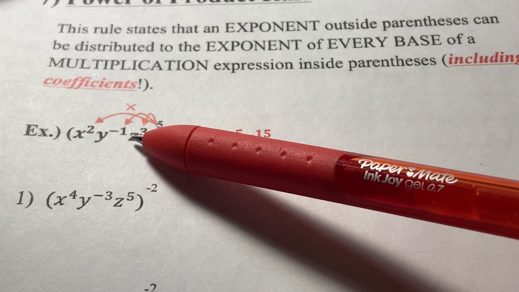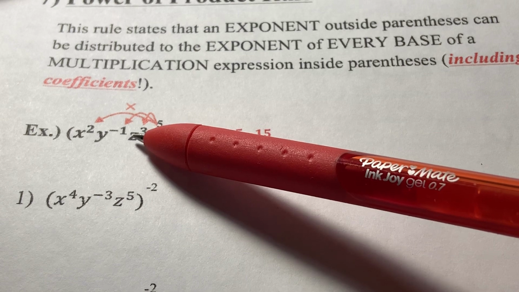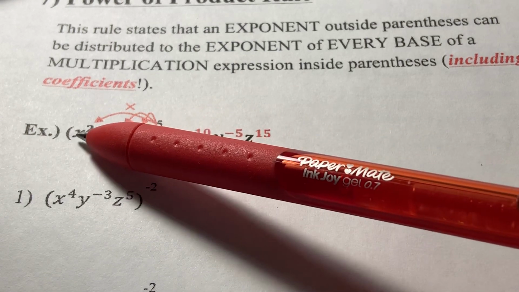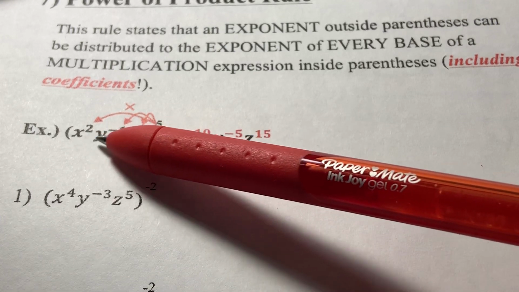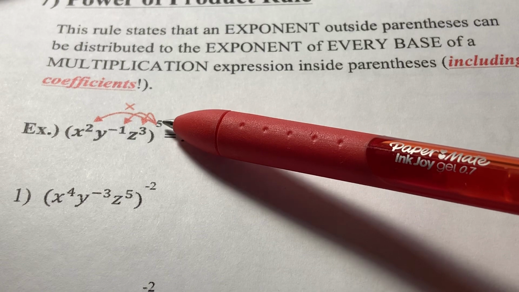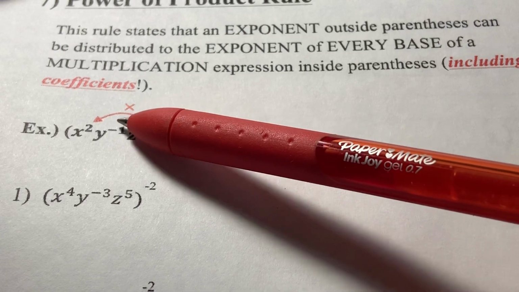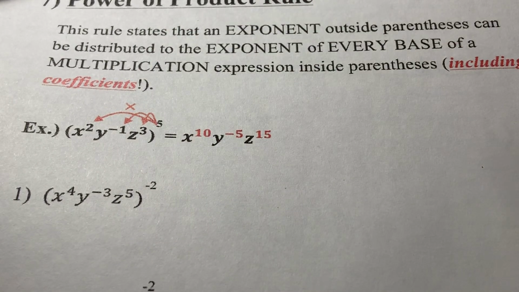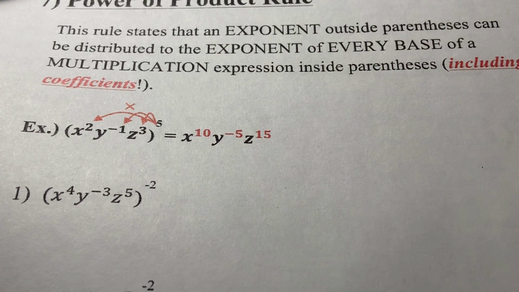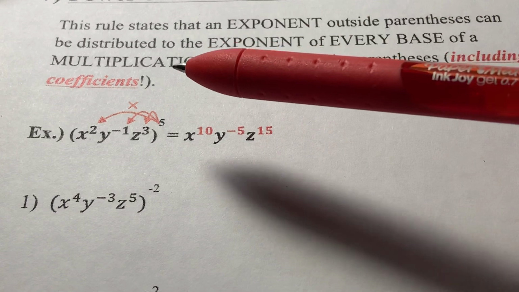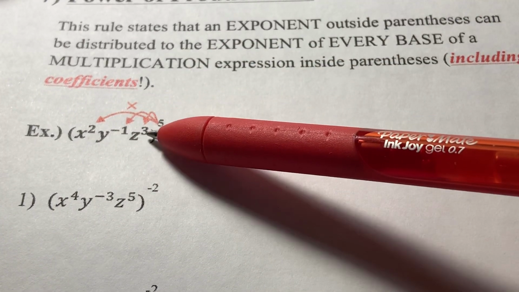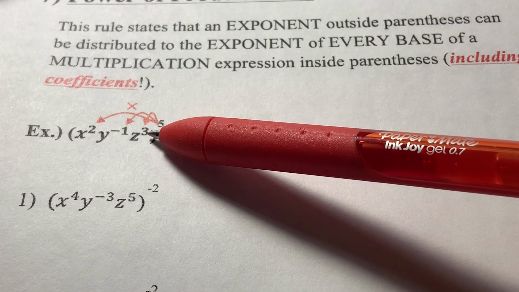But the power of product rule states that when you have an exponent on the outside of a multiplication expression inside the parentheses, you can distribute that outside exponent to all of the exponents inside of the parentheses. All right? That's what this is saying. So let's take a look at this example. We have x squared, y to the negative first, and z to the positive third.